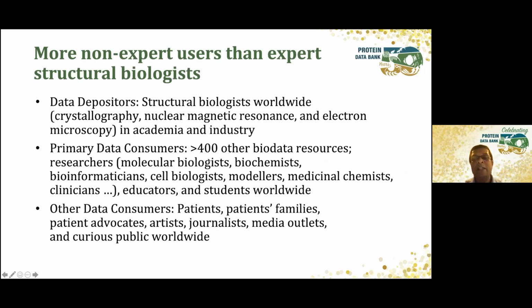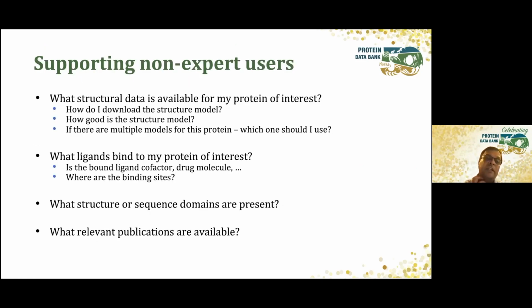There are many data resources that take PDB data and provide it to their users who are, again, not experts in structural biology. And so what we need to do is to create a mechanism and create infrastructure where we can answer questions for non-experts.